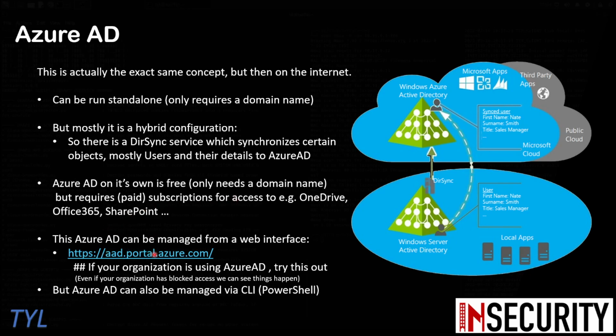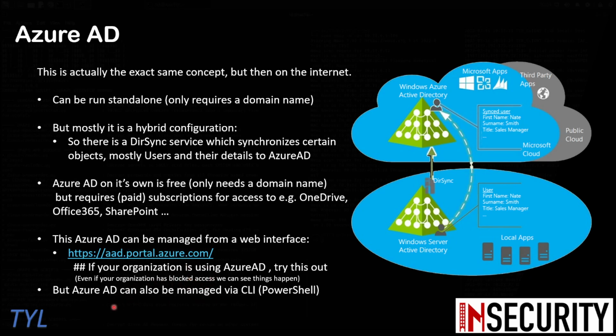So you can use a graphical interface for that. This is extremely interesting if you currently already use Azure AD. Any user can try to visit this URL, which I will do during the demo, and have some nice information, even if this is limited, even if it is blocked, because that GUI can be blocked.